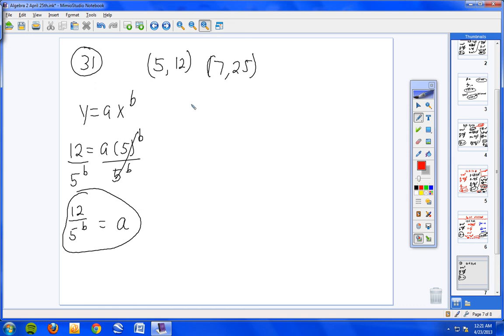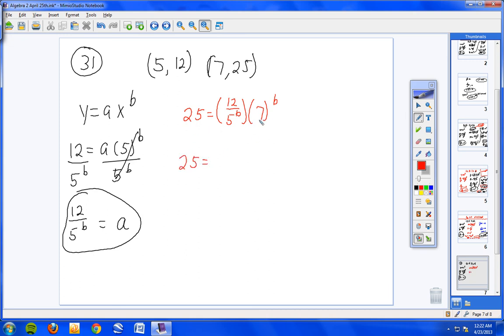Now step 2 says to substitute your other ordered pair in, plus substitute in your a equation over here too. So where y is, I'm going to put a 25, and then for a, I'm going to put 12 over 5 to the b power, and then for x, I'm going to put a 7 to the b power. All right. Now let's go ahead and solve this equation.